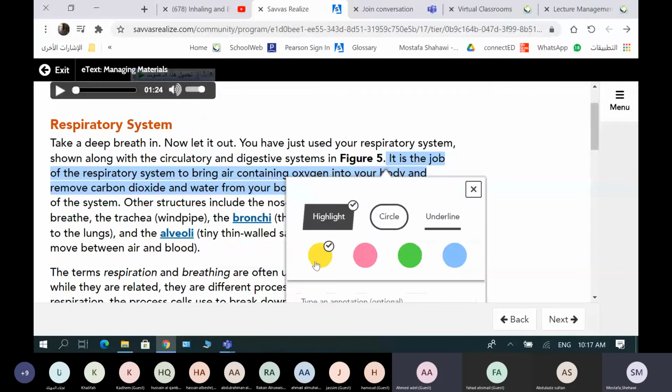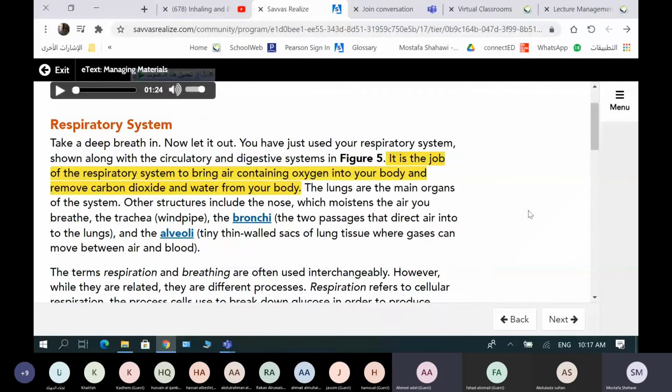Other structures include the nose, which moistens the air you breathe; the trachea, or windpipe; the bronchi, the two passages that direct air into the lungs; and the alveoli, the tiny thin-walled sacs of lung tissue where gases can move between air and blood.